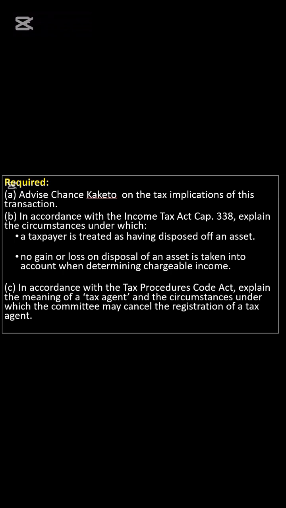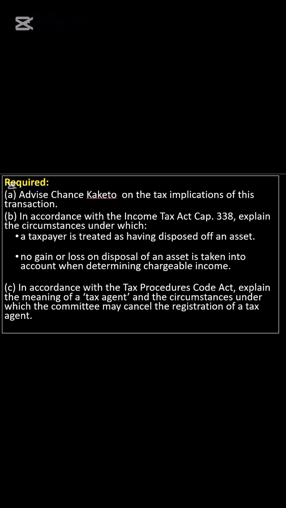Two, maybe you have transferred it by way of gift. Assuming maybe you gave it to your wife or your girlfriend, or maybe you gave it to your boyfriend as a gift. For us in taxation, we say that one is disposal.